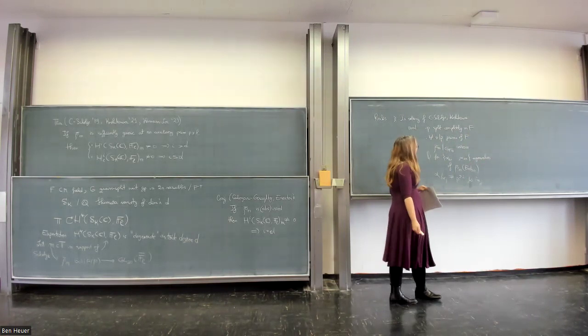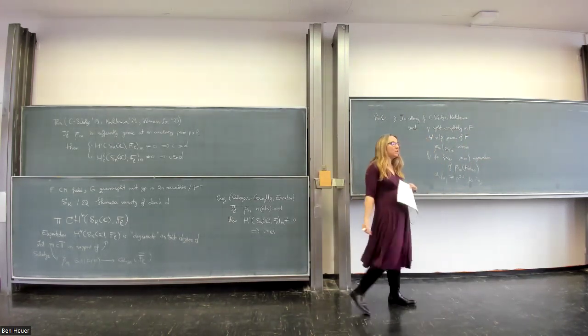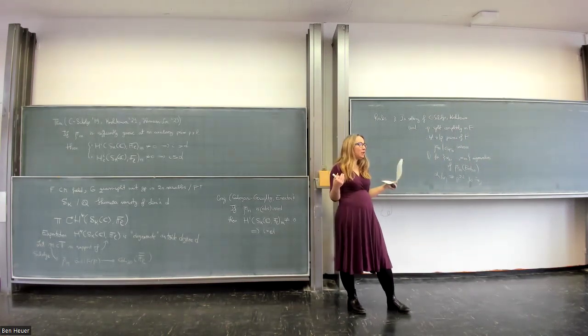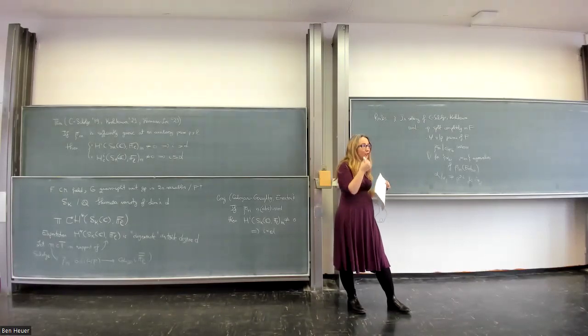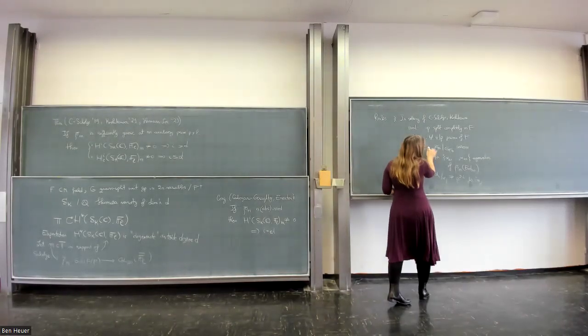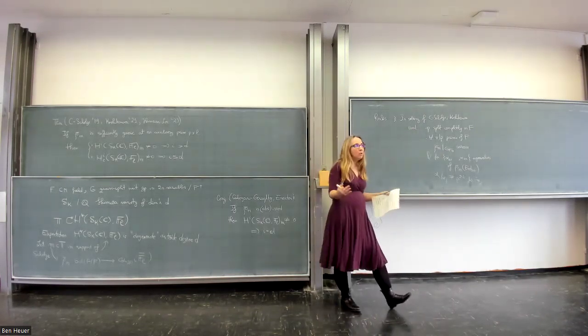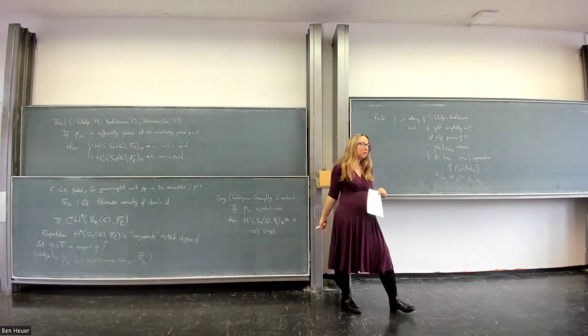And the reason for that is essentially that you want to make sure that any lift to characteristic 0 of this representation somehow has trivial monodromy. Turns out this is a useful thing. So what will happen, in fact, is that any lift to characteristic 0 of this will correspond under the local Langlands correspondence to a generic principal series representation.